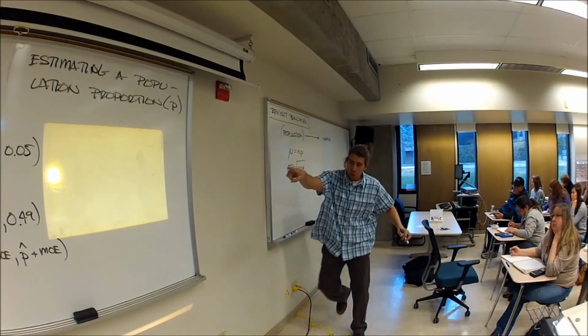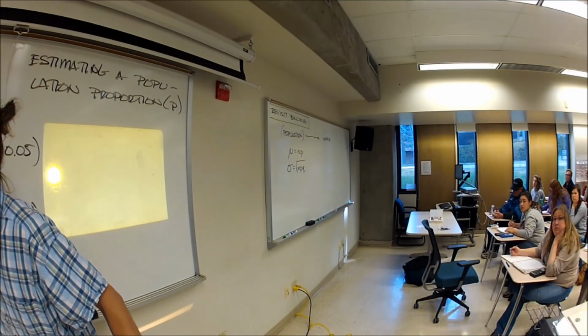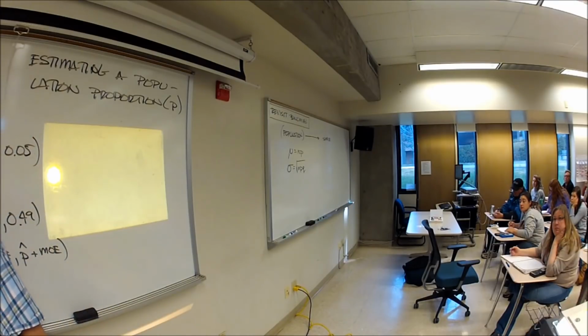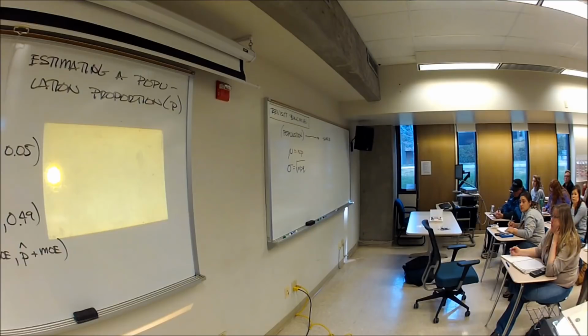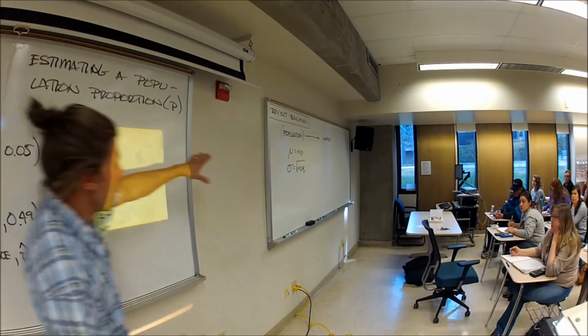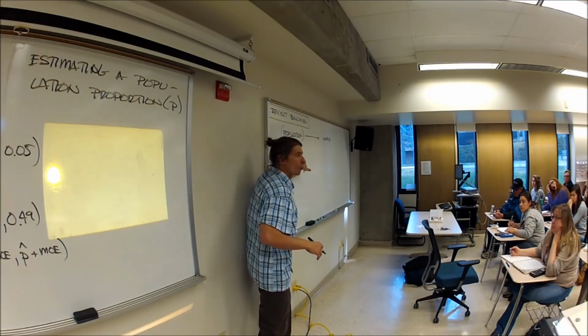For example, our sample revolves around p hat, which is defined as x over n. If you look at p hat equals x over n, and you look at mu equals n times p, you can see the relationship between them. If you divide both sides by n, you get p equals mu over n.